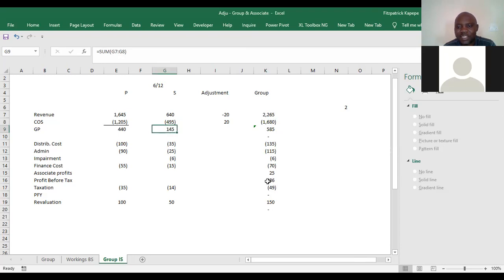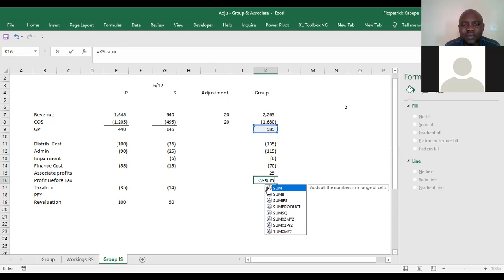So meaning that now from here, this is where we do this. How much is profit before tax? Saying this minus, instead of saying minus, I think this is why I'm making a mistake.